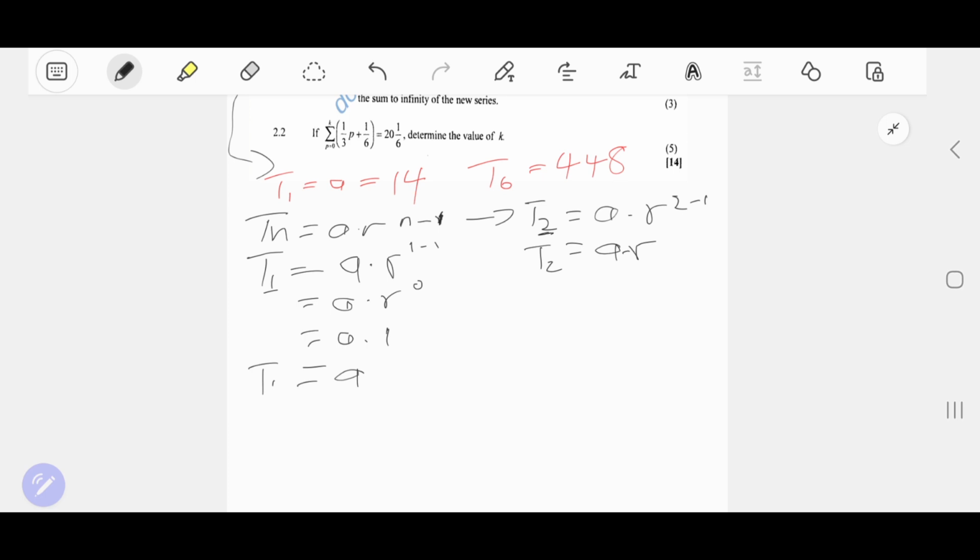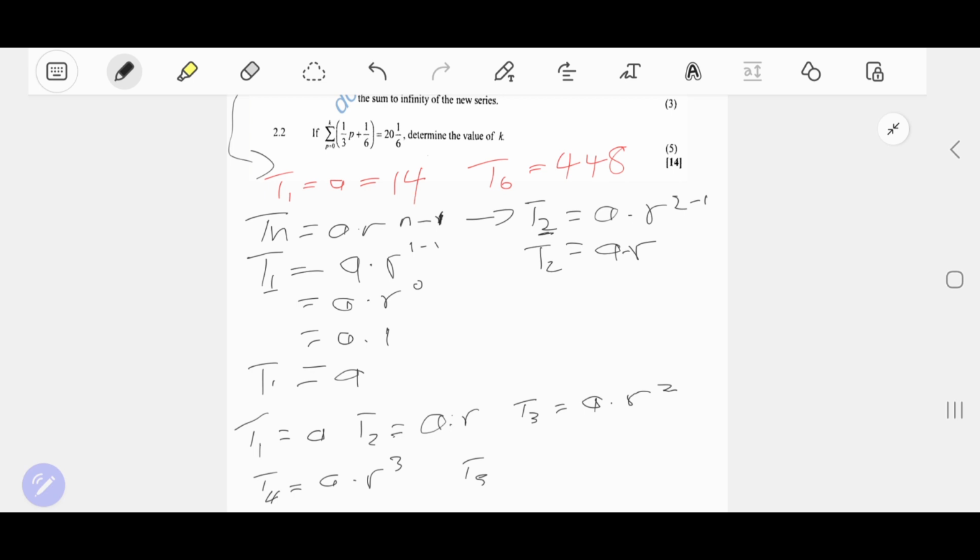If you go on through this pattern, you'll find out that your T1 will be equal to a, your T2 will be equal to ar, your T3 will be equal to ar squared, and your T4 is ar cubed.